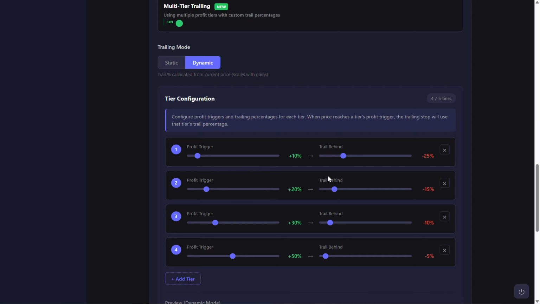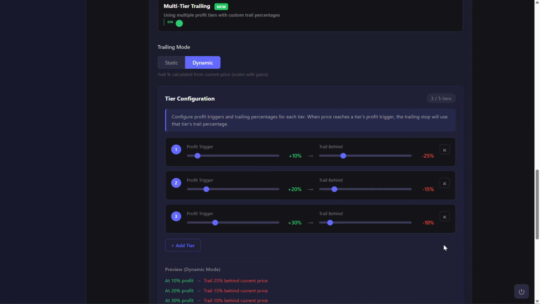So again, these are the trails, and you can have up to 5, or you can have 2, you can have 3, whatever. One of the things to remember is that as you tighten this stop loss amount, it gives it a lot less wiggle room, right? So if price is going up pretty steadily, it's going to hit those price triggers, your stop loss is going to follow, and you're going to lock in a lot of the trade.